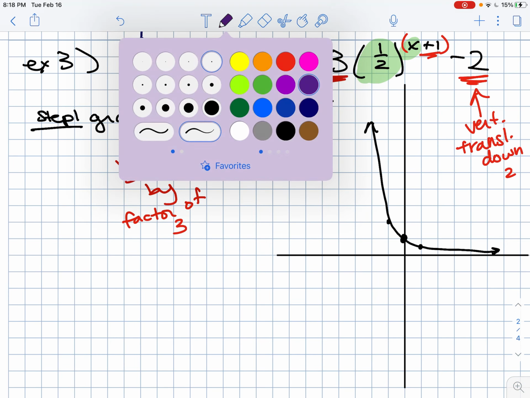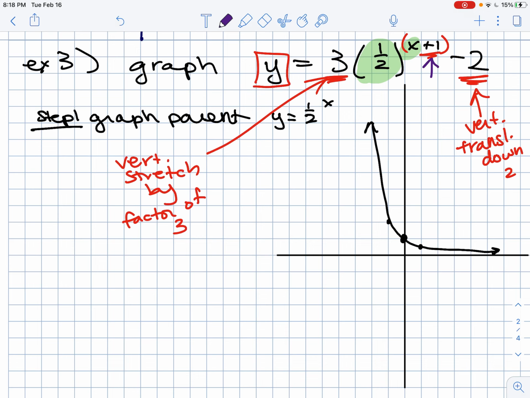And then this here attached to the x is, remember, when something's inside or attached to the x, that's the horizontal change. It's a translation. Remember, this is funky town, so when you see +1, it's really going to the left 1. So now we're going to take every point that we had on our parent function and do this. We're going to stretch by a factor of 3, go to the left 1, and down 2.